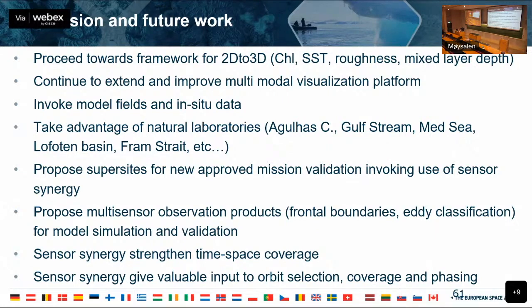But I think the ability to continue to come up with a framework from 2D to 3D upper ocean estimation based on surface two-dimensional structures is something that is worth exploring in chlorophyll, SST, roughness, mixed layer depth, and also in combination with models.